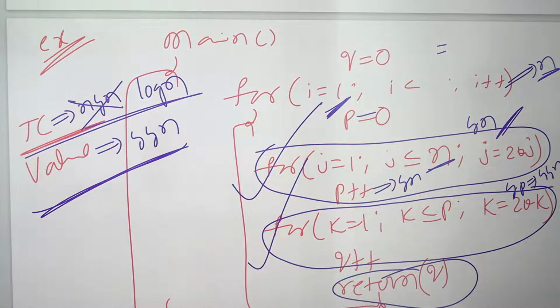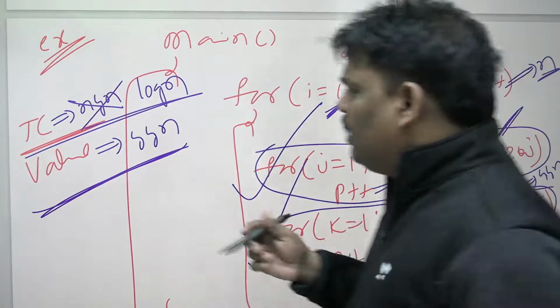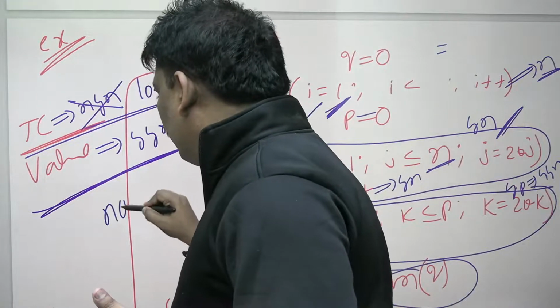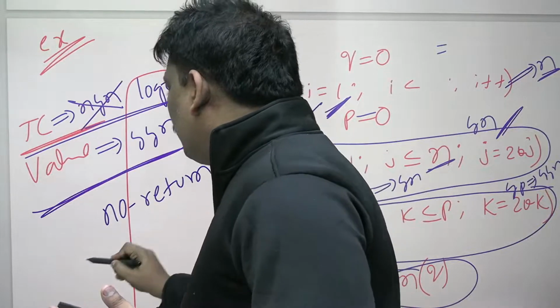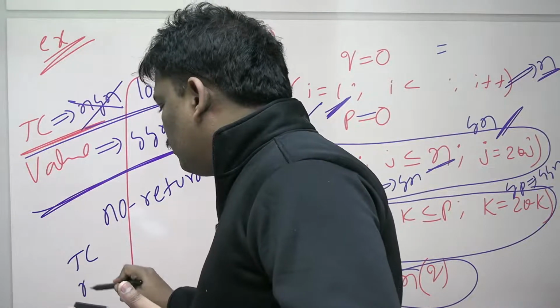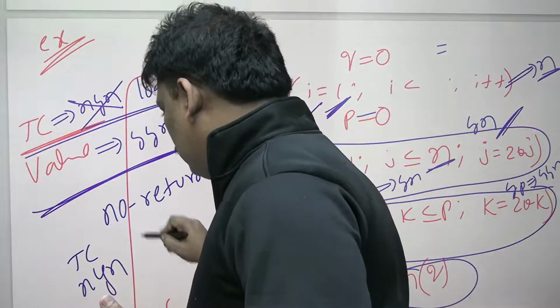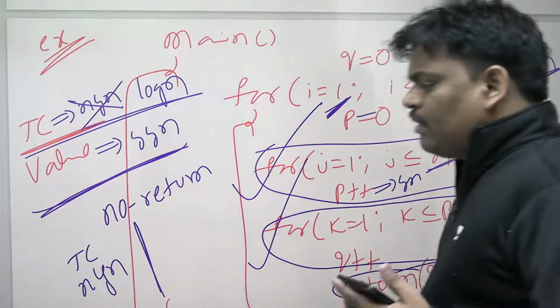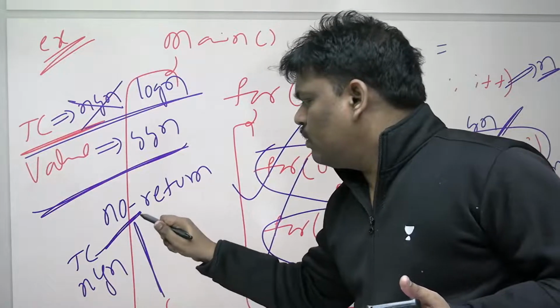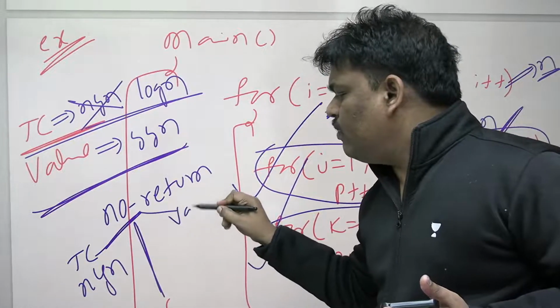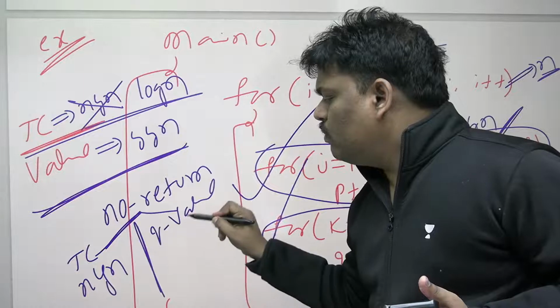Then what is the time complexity? If you see, if there is no return, then the time complexity becomes n log n. But what is the Q value?